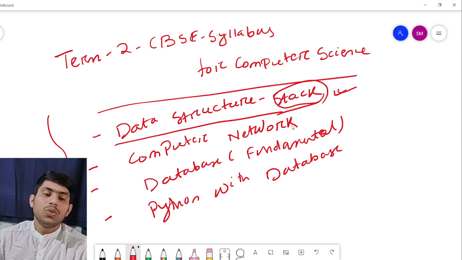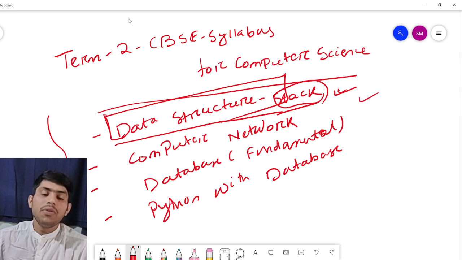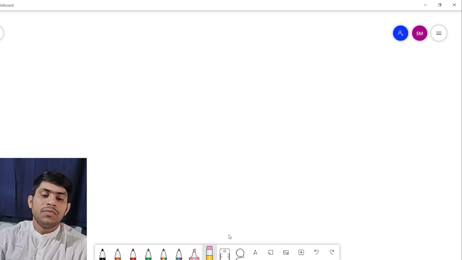Okay. So today we'll start the data structure part. Let's go through that. Okay. So I think everyone is clear about that. Okay. So let's start the data structure part.